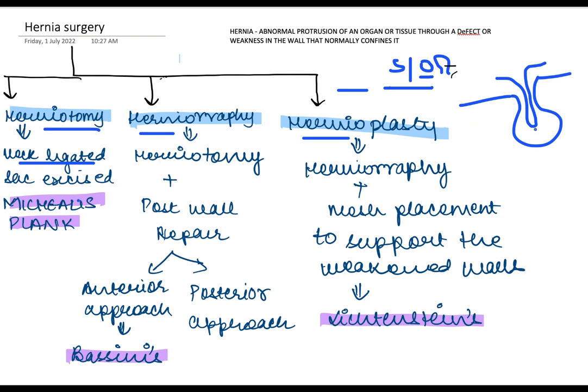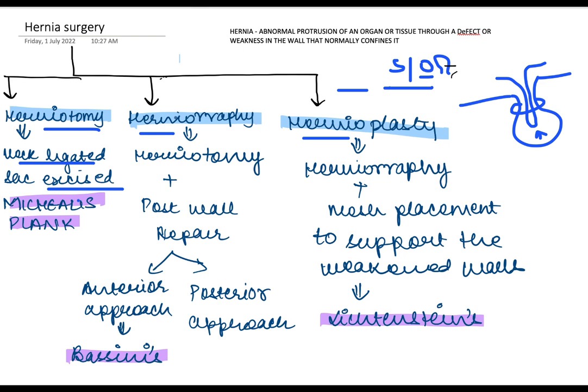The contents will be reduced and the intestine pushed back, then a ligature is placed over here, and the sac is removed because it doesn't need to be there. That is herniotomy: no mesh is used, no repair is done, just ligation and excision.